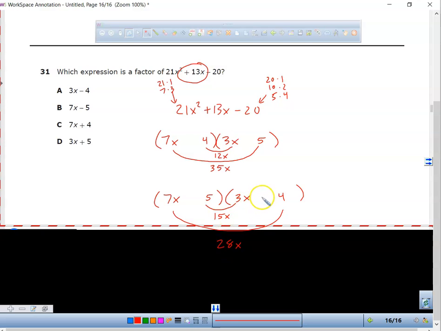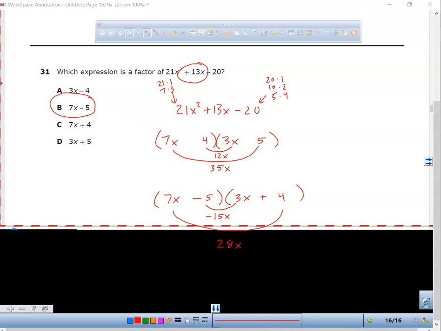But that means this one has to be positive and this one has to be negative in order to make it a negative 15. Now, I understand we haven't done a whole lot of factoring, so I'm not expecting you to know how to do this. So here's what I want you to do for the final thing. By the way, our answer is either this or this. So right now, which one of these is our answer? Answer choice B.